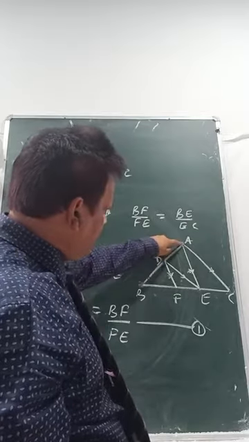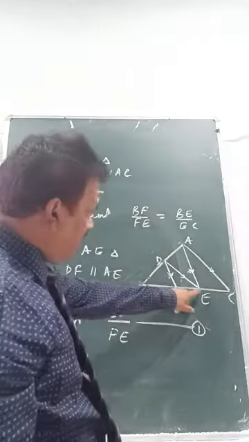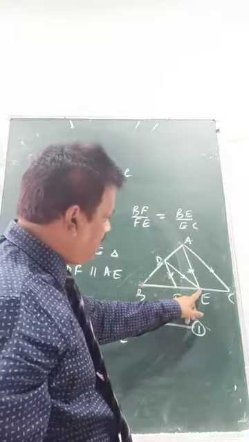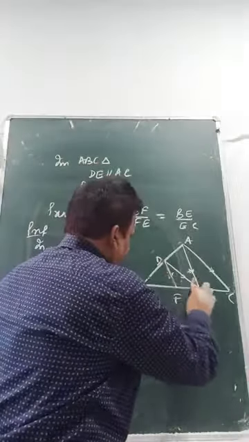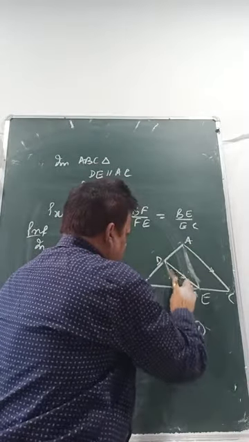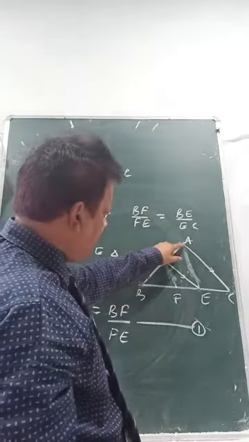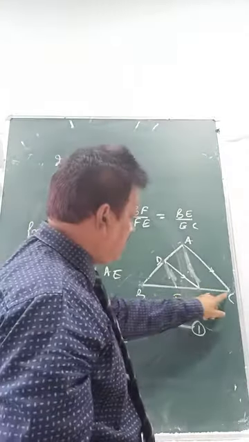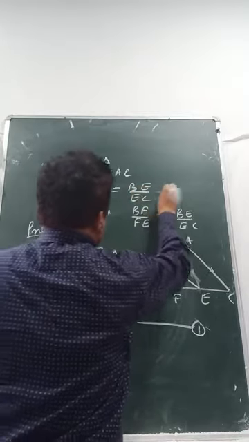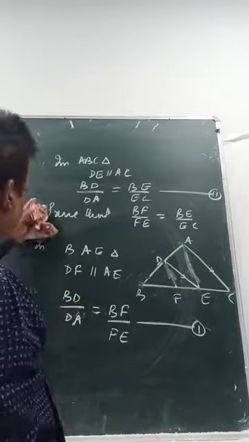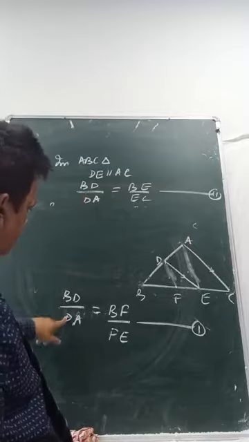BD by DA equals BE by EC. Look once more. If you forget these two, you can understand it. If these two are parallel, BD by DA equals BE by EC. Equation number 2. Look, BD by DA is common, so these two will be equal.